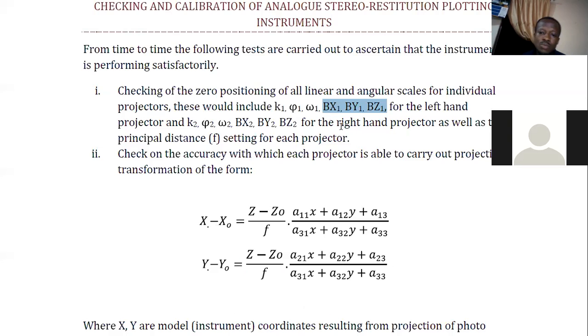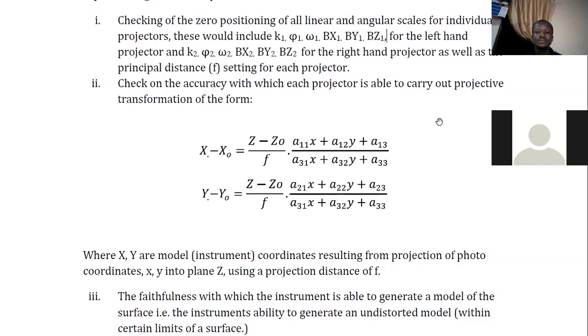So bx1, by1, bz1 now makes a lot of sense. An equation like this is representing what we call the projective transformation. Let me remind you, the projective transformation is different from the orthogonal transformation. A projective transformation is where the light is coming from one source.